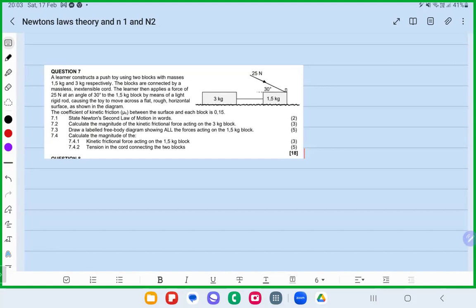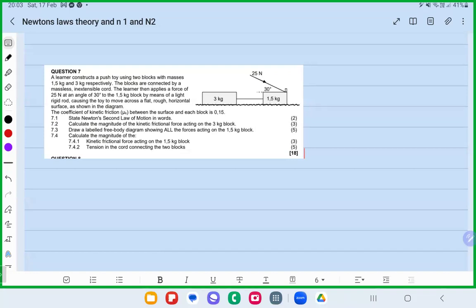to the right. Now, they should have mentioned that somewhere in the question. Let's hope they do. It says a learner constructs a push toy using two blocks with masses 1.5 kilogram and 3 kilograms.